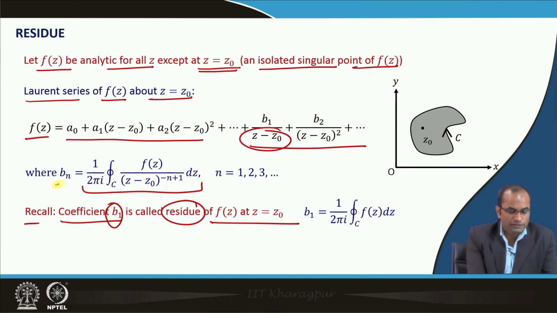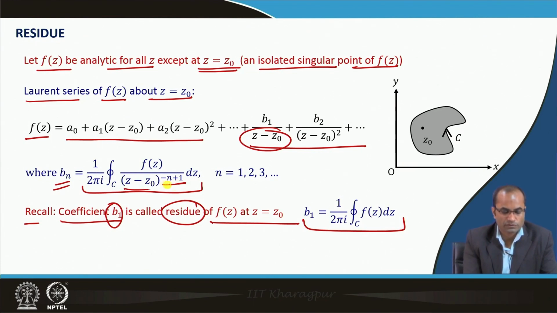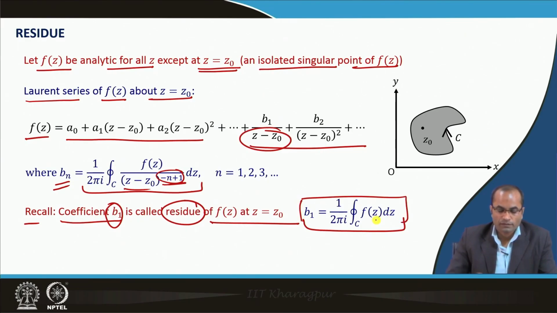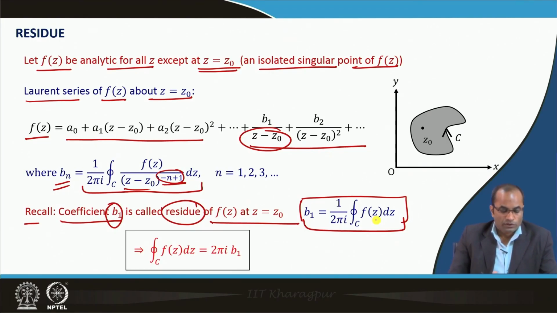Now this b 1 comes directly from the integral, which is 1 over 2 pi i times the integral of f(z) times (z minus z naught) to the power minus n plus 1. If n is 1, then this exponent becomes 0, so there is no term z minus z naught here. So this is a simple integral, b 1 equal to 1 over 2 pi i times the integral of f(z) dz. Indeed this is exactly why we are discussing the residue here.